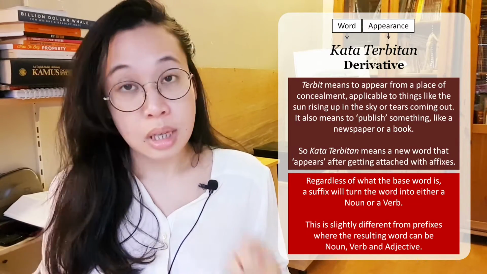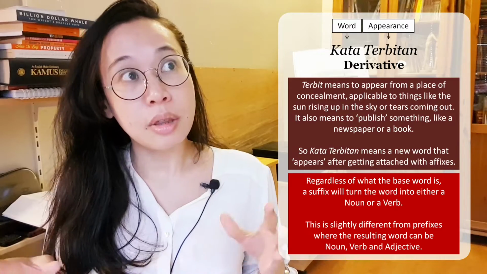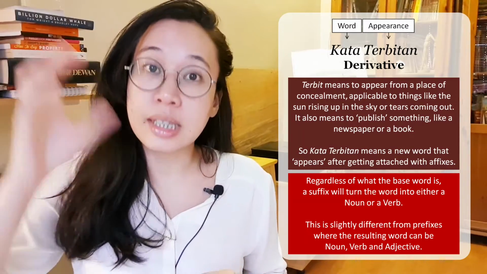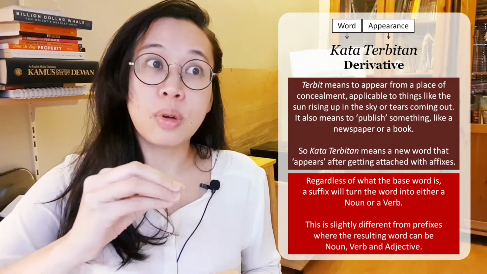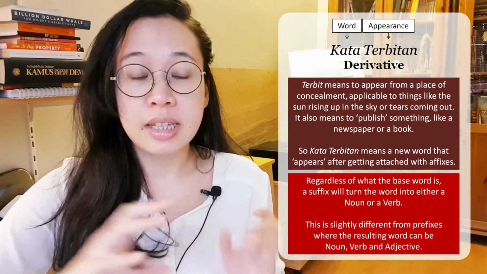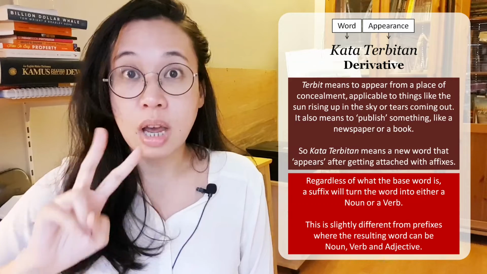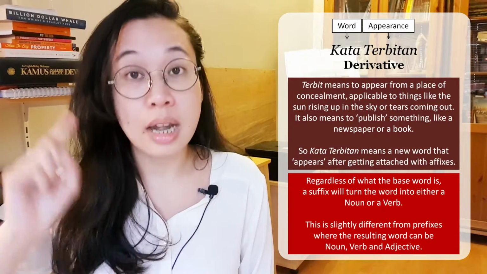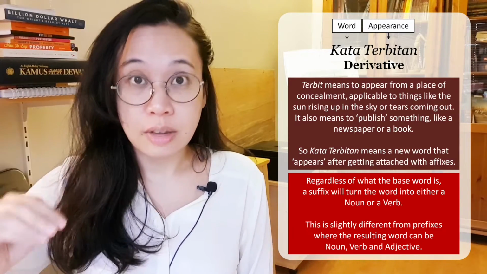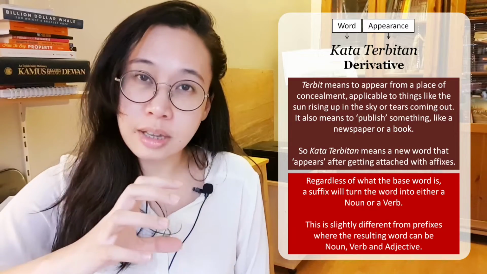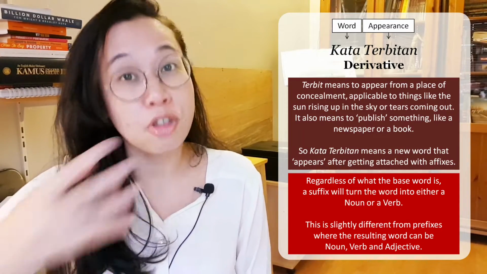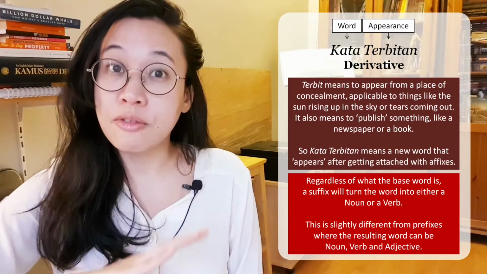Now, with suffix, the result of attaching a suffix to whatever base word there is will result in only two kinds of words, which is a noun and a verb. So for suffixes, when you attach only a suffix, it does not become an adjective, okay, which is different from prefix.